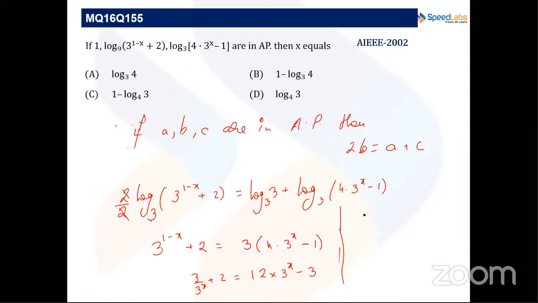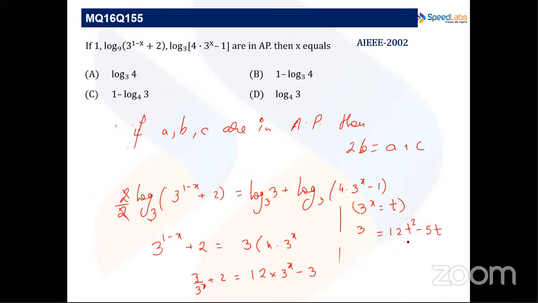So let's say this 3 to the power x is equal to some value t. So we would be getting 3 upon t equals 12t minus 5, or 12t square minus 5t equals 3.